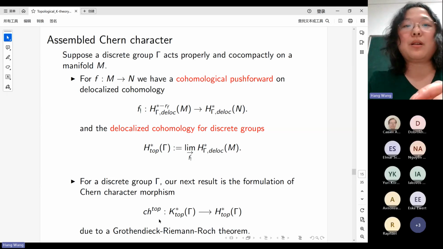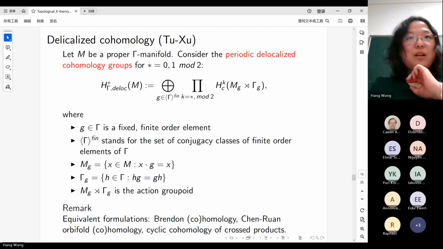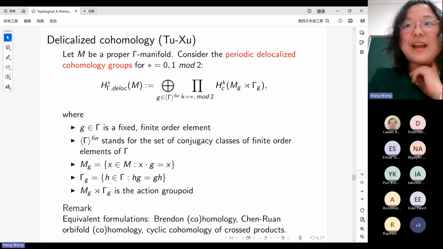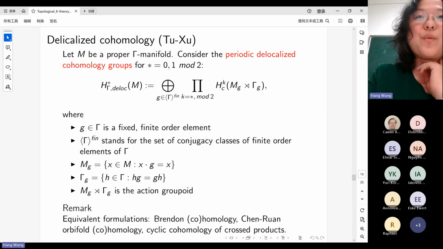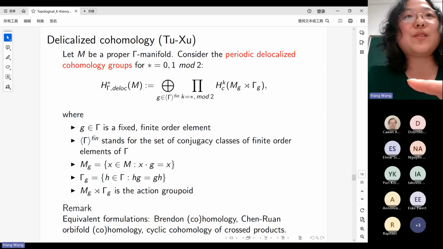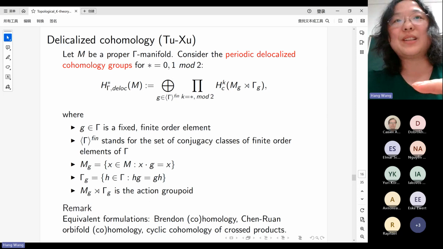We want to show that we have a main theorem called the Grothendieck-Riemann-Roch theorem. But to say that, we have to say what cohomology group is used. We use the delocalized cohomology due to Tu and Xu.